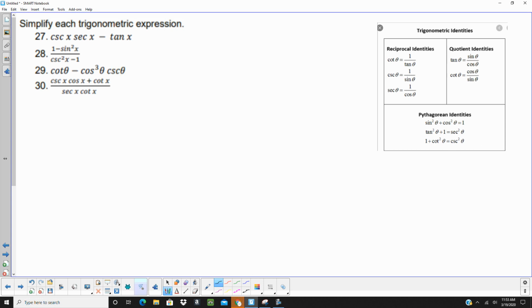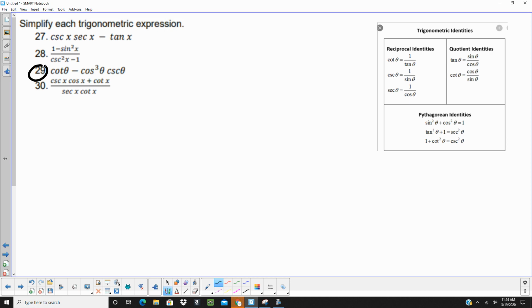On 29, I've got cotangent theta minus cosine cubed, cosecant cubed. Now that one gets a little bit ugly. Let's take a look and see if we can make that look a little bit better.